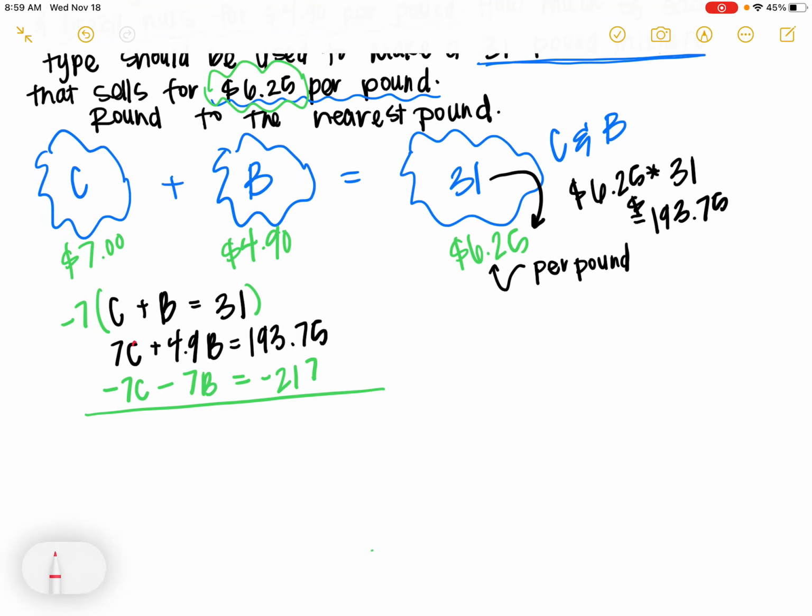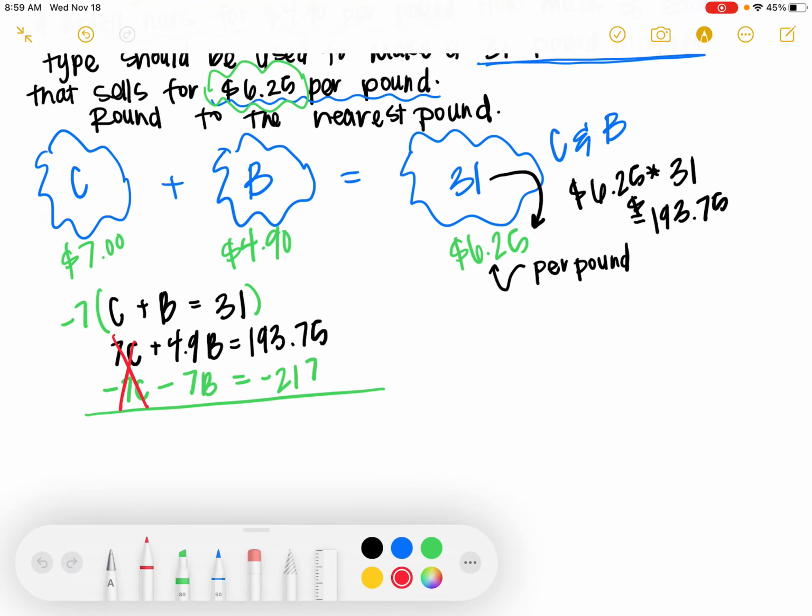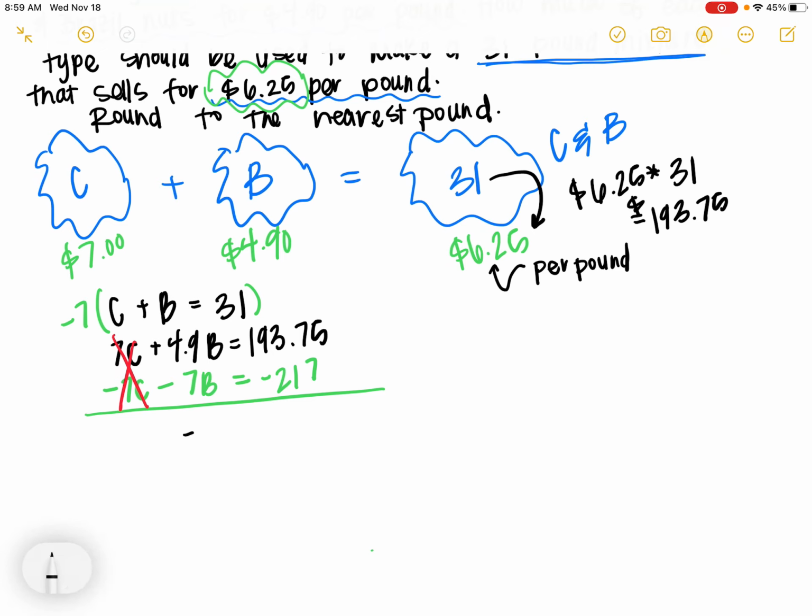Now we can see right off the bat that those C's cancel. 4.9 minus 7 is -2.1B, and 193.75 minus 217 is -23.25.